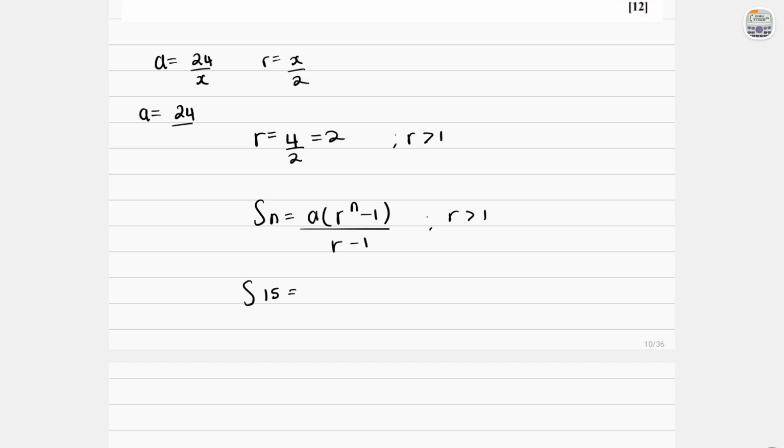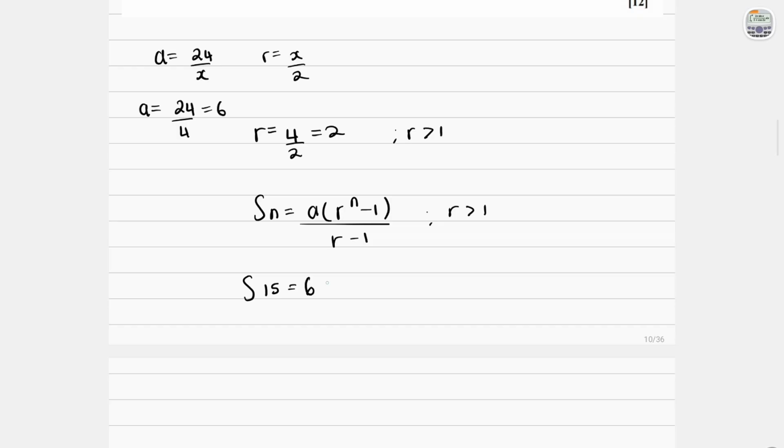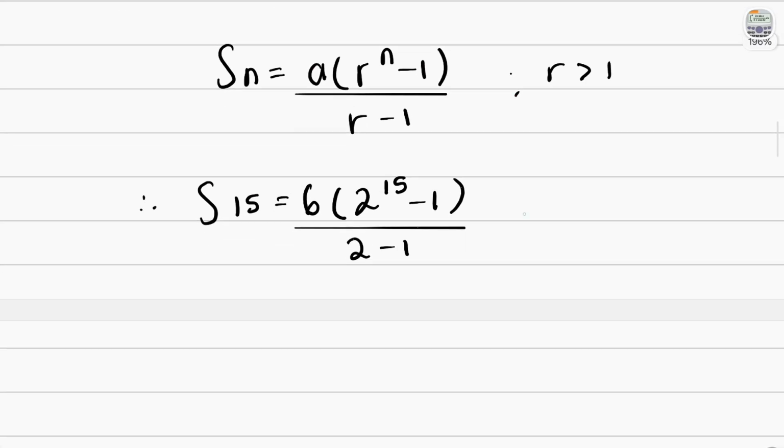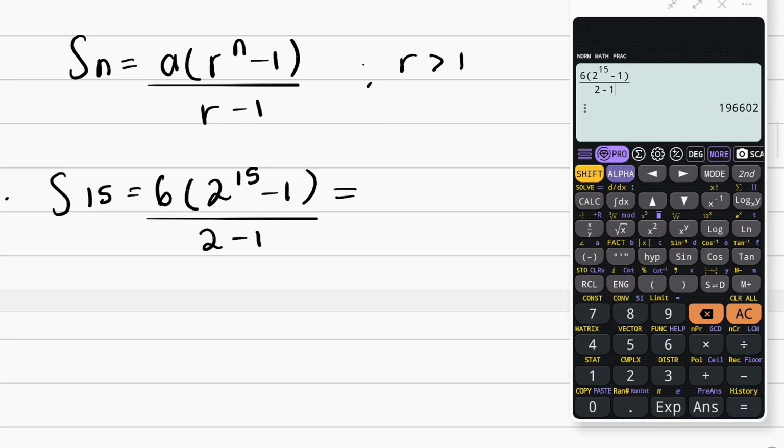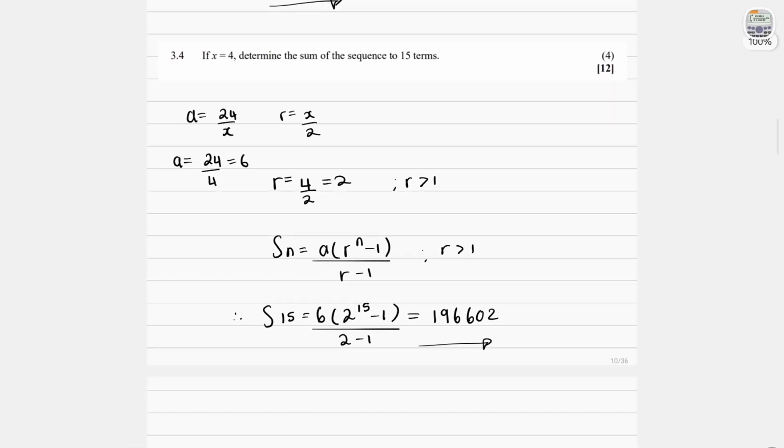This is 24 over 4, which is equal to 6. So 6 multiplied by r, which is 2, raised to the power of 15 minus 1, over 2 minus 1. So let's just substitute and find the value. And we finally get the sum of 15 terms is 196,602. And that is our answer. So that is it for question 3.